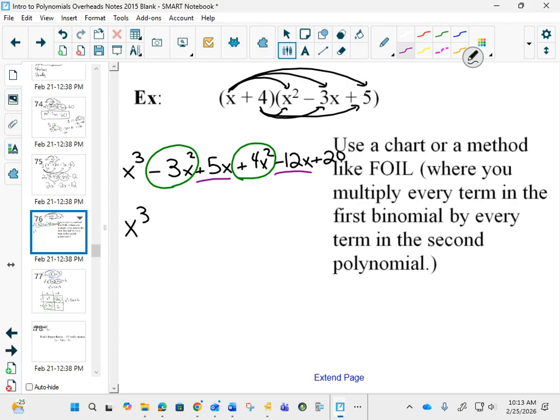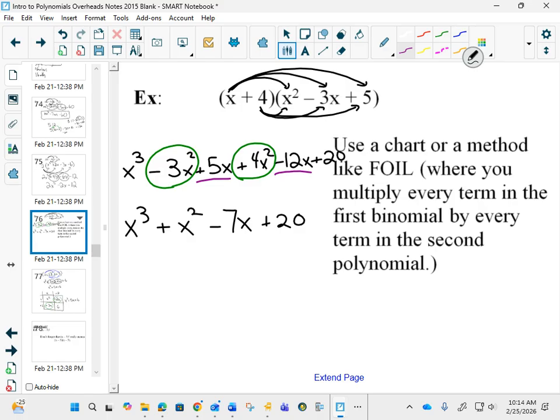I still have just an x cubed. But minus 3 plus 4 will end at plus 1. And I don't have to write the 1. Plus 5 minus 12. Where would that end up? Positive or negative? You're at plus 5, you subtract 12. Negative 7. And we still have the plus 20.